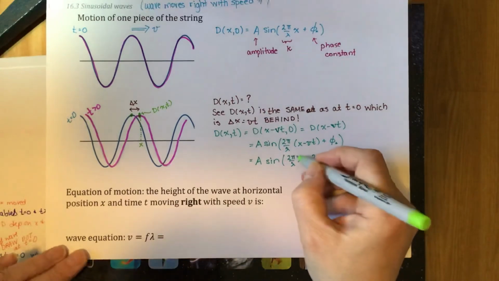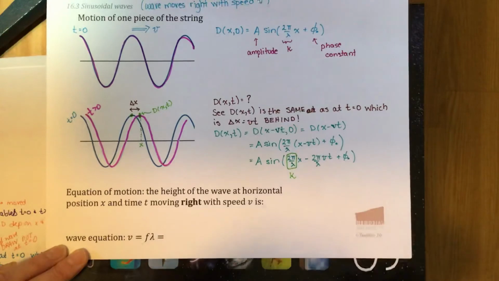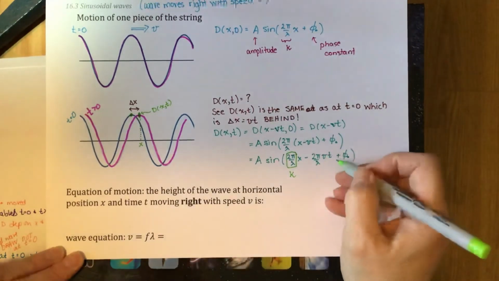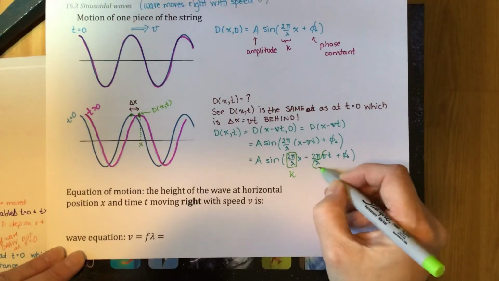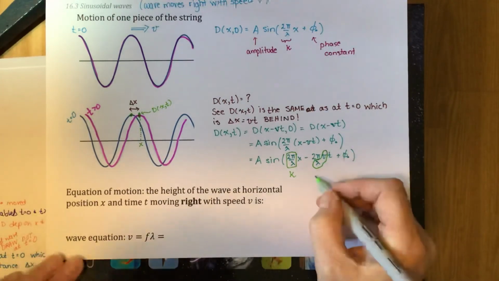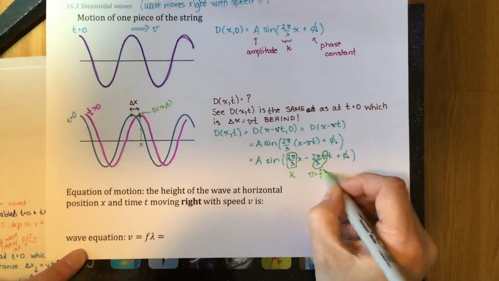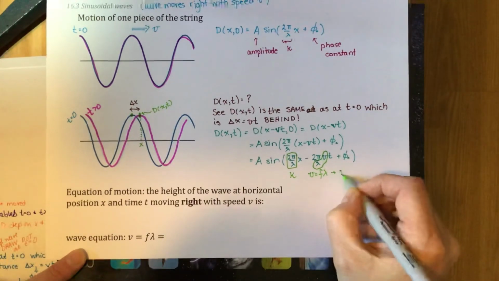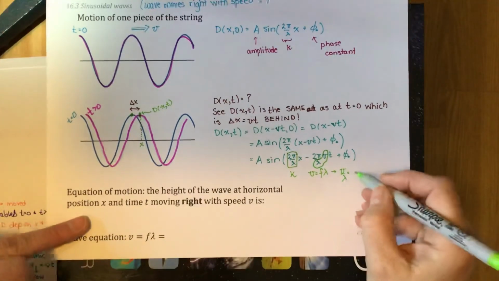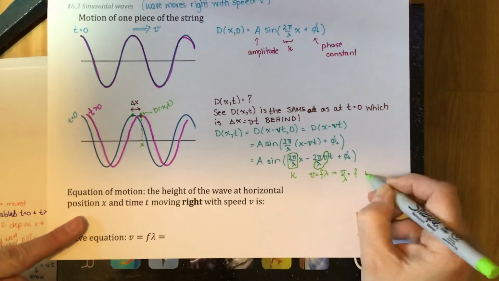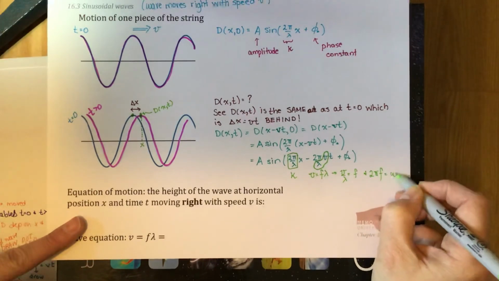This part, 2 pi over lambda, that's the wave number k. So we could put that in. This bit right here, v over lambda, that's jumping out as belonging to the wave equation, where the wave equation says v equals f lambda, which means that v over lambda equals f, and 2 pi f, that's the angular frequency omega.